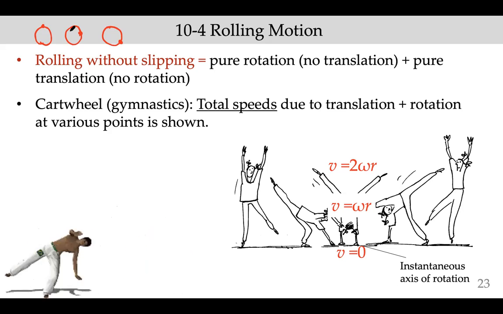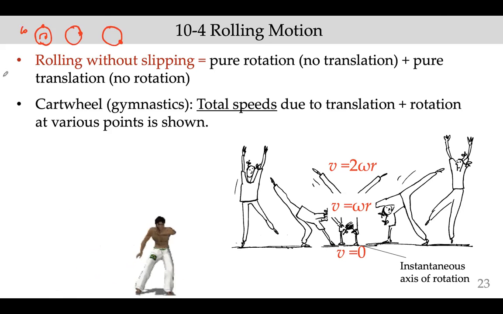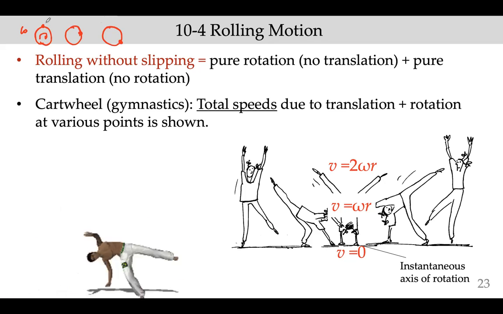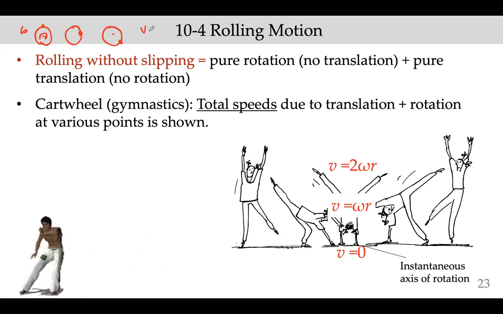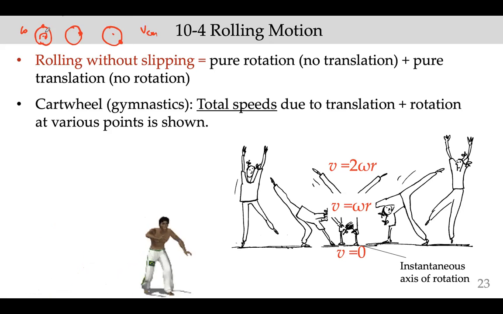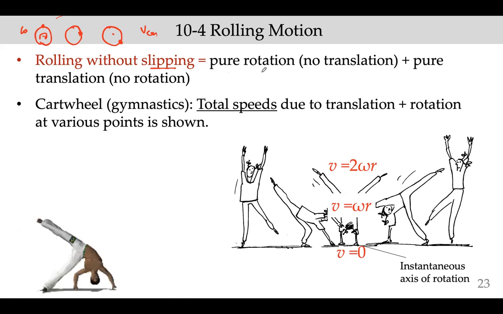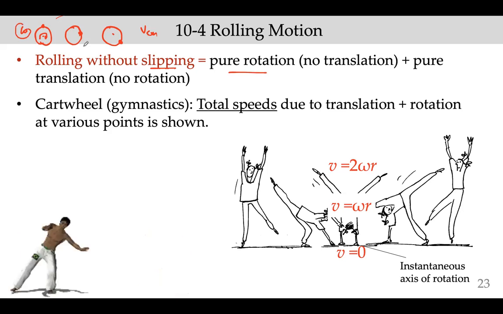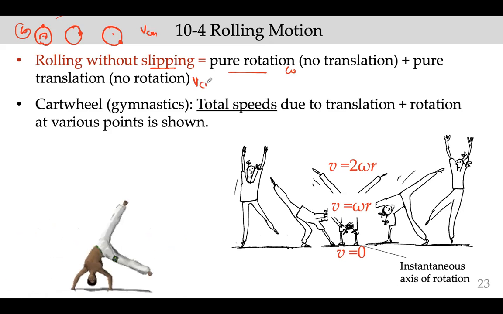In this motion, you can see that there is rotation, so there's angular speed, but there's also translation. Translation means going from one place to another place in the linear direction. So there's also V_CM. This whole motion, rolling without slipping, we can divide into pure rotation, which is related to omega, and pure translation, which is related to V_CM.